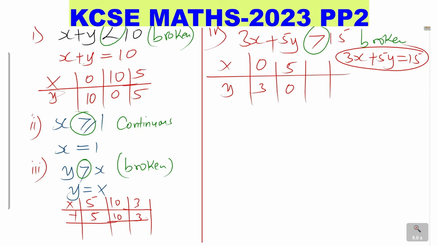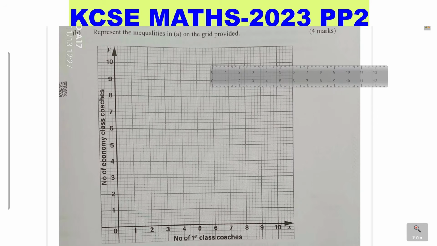Now that we have all the points, we go to the first inequality, x plus y is less than 10. We draw that line. Using the points, we're plotting 0, 10; 10, 0; and 5, 5. So go to the graph. We have 0, 10 here, then 5, 5, and 10, 0. So these are the points.